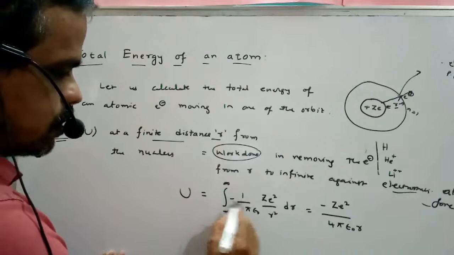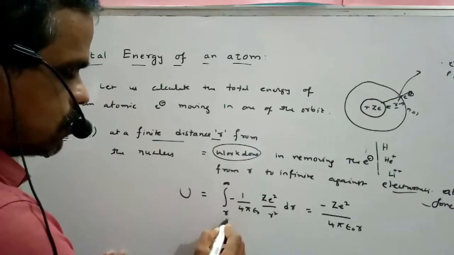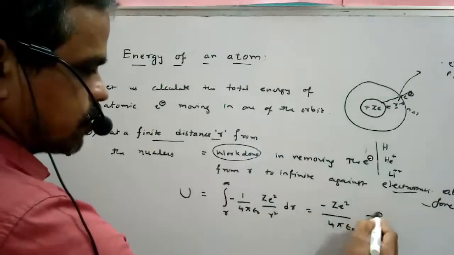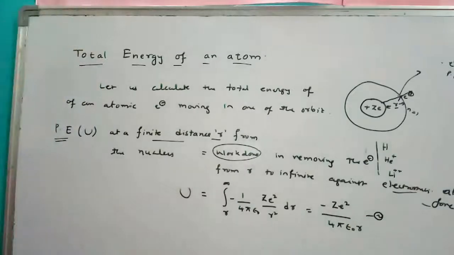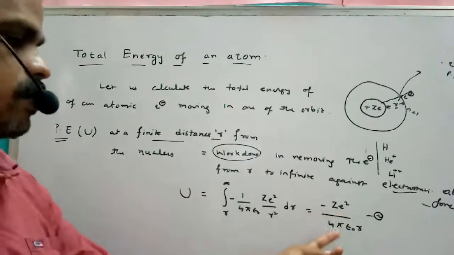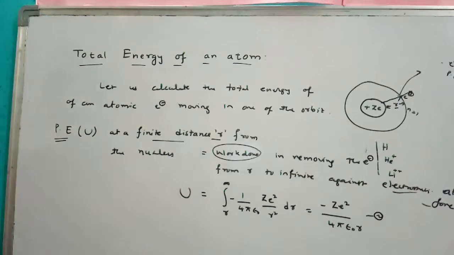If you apply the integral and then the limits, we get the potential energy of that electron, equal to minus Z e square by 4 pi epsilon naught r. So we have calculated the potential energy.